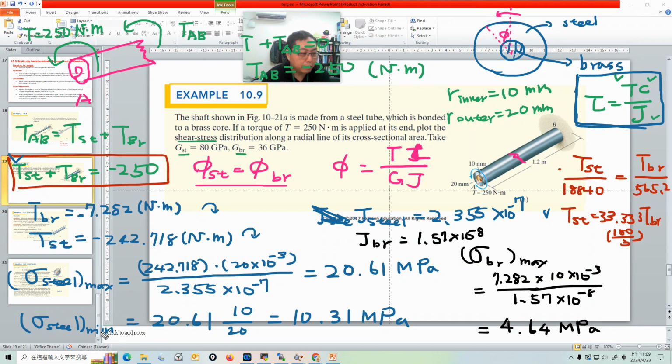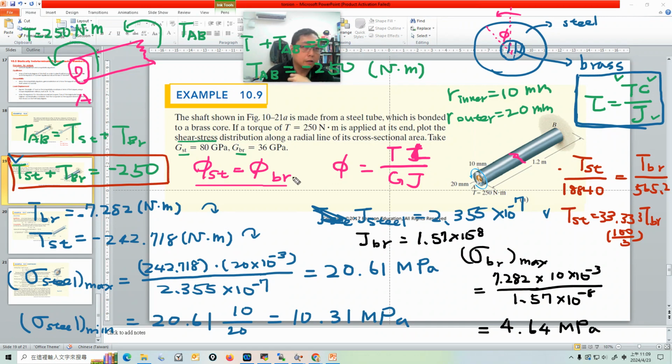And you see the minimum stress and the maximum stress on the steel is at least 10, between 10 and 20. So from this shear stress distribution, you will see that the steel takes more stress in the coaxial member.